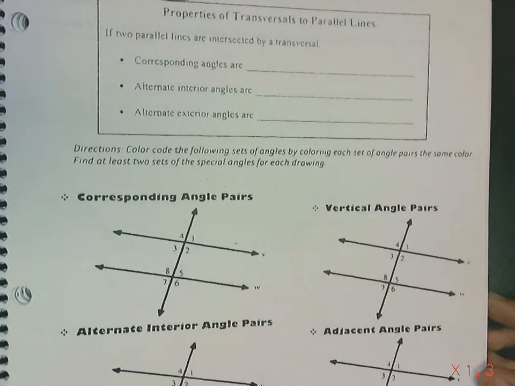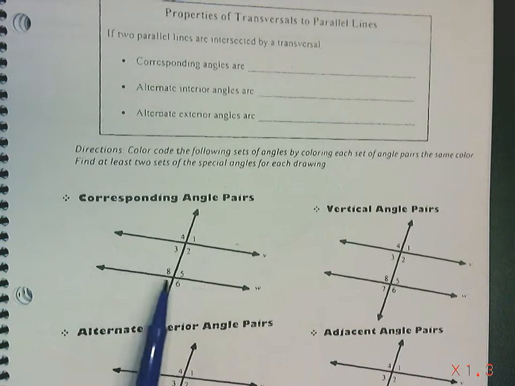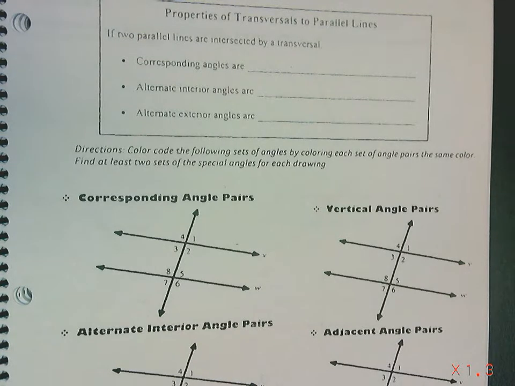So corresponding angle pairs are when you have a straight line crossed by two parallel lines, which is V and W right here, and you have two of the exact same angle. It's on the same side, it's in the same location.